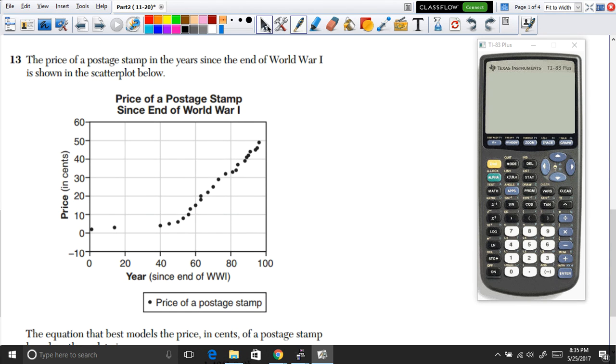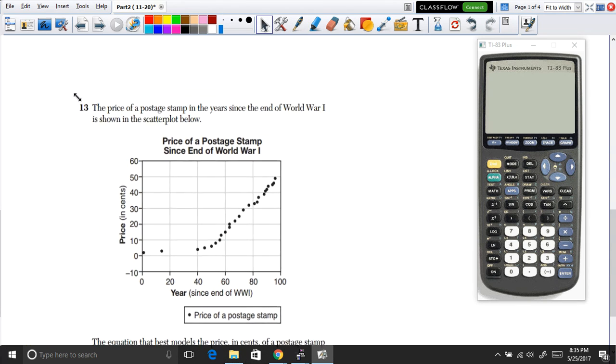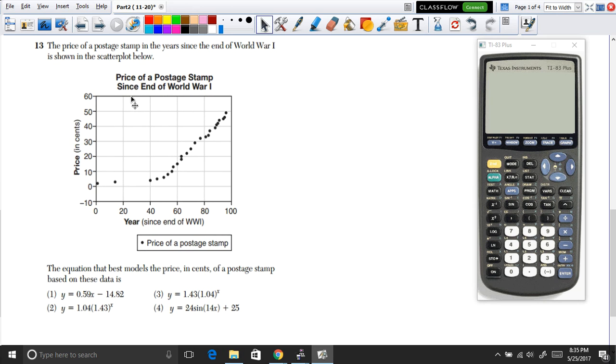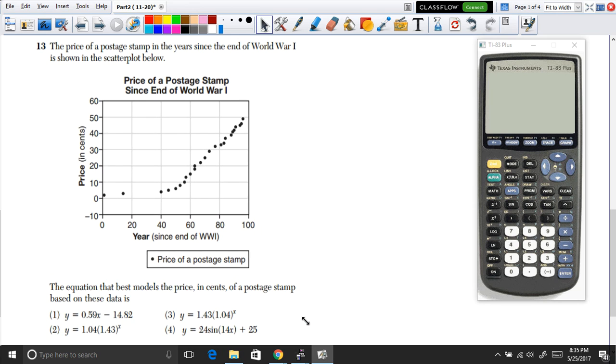All right, so let's look at example 13 now. Let me make this a little bit shorter so it all fits. Perfect, right here. So let's look at the following here. It says, the price of a postage stamp in the years since the end of WW1 is shown in the scatter plot. So we have a scatter plot. Perfect. But now what is the question here?